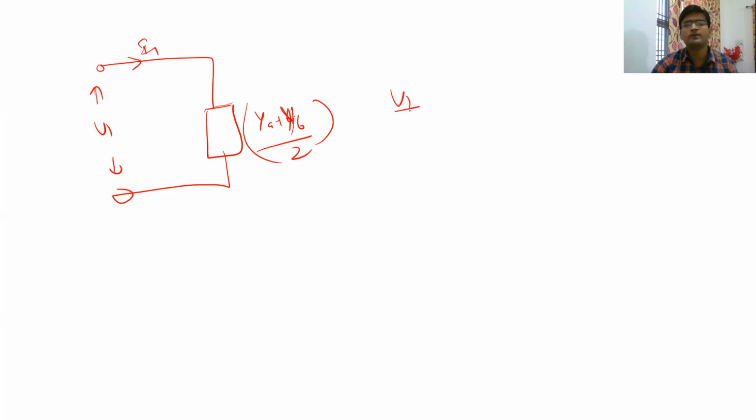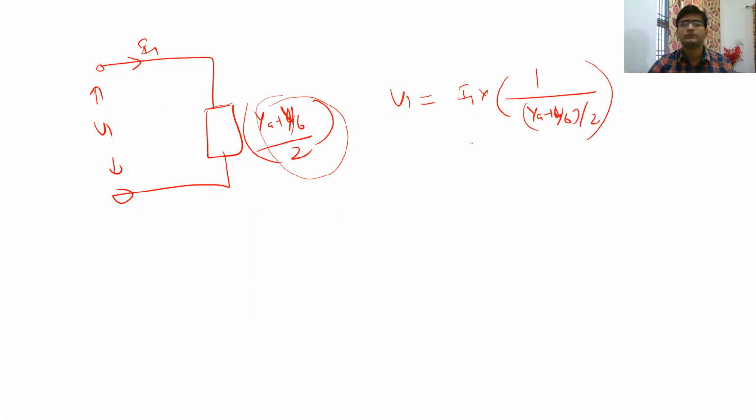So V1 is equal to I1 into, since this thing is not an impedance, you have to divide it, because V is equal to I into Z. So this is your admittance function. So you will have to write it like this: 1 by YA plus YB divided by 2, right?